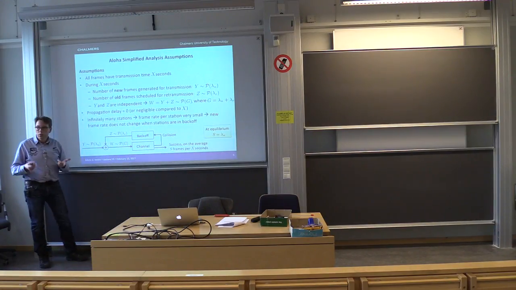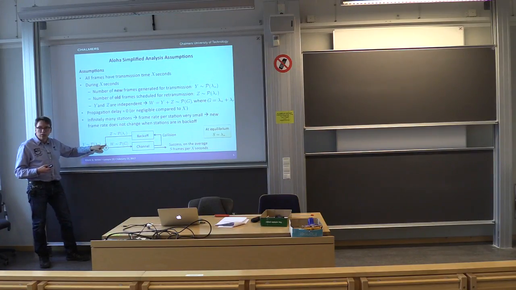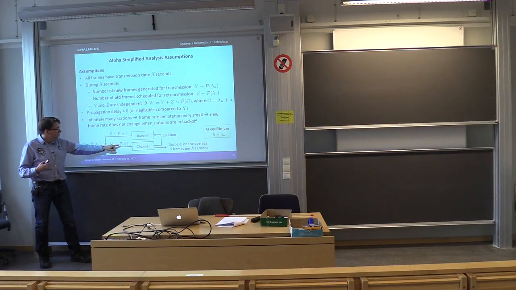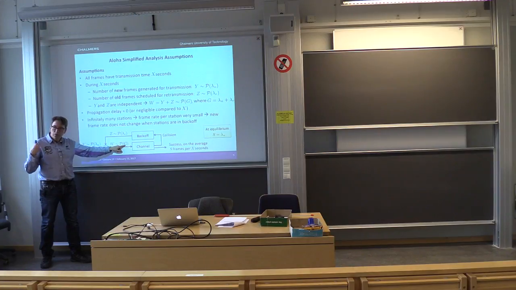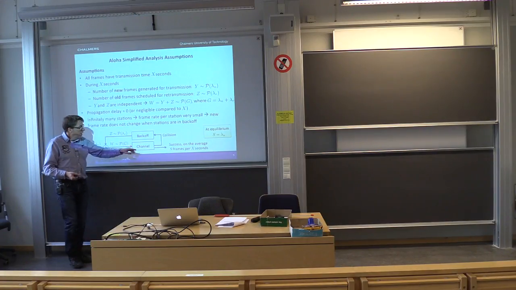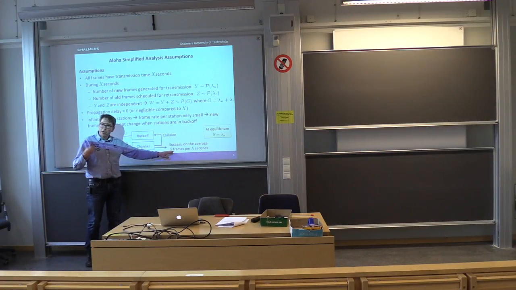Okay. So once more, lambda n is the rate of new frames. Lambda r is the rate of frames that are scheduled for retransmission. G is the rate of frames arriving to the channel. S is the rate of frames leaving the system, meaning that they are successfully delivered. Okay.